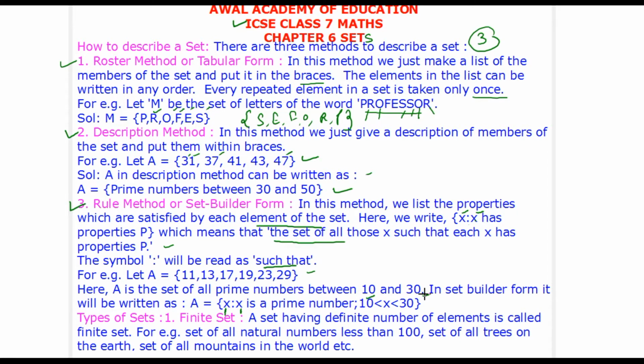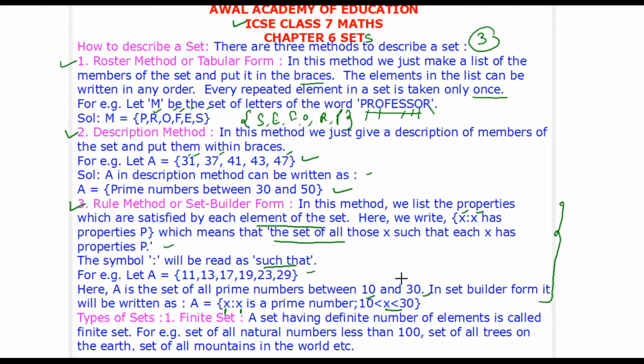Here x would be greater than 10 and less than 30. So this is a complex method; understand it well, then you could do the sums easily.